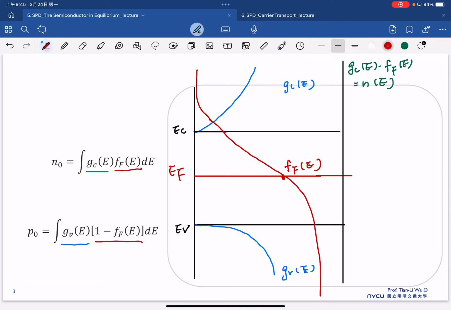Therefore, this equation suggests that we are trying to estimate the area here, and this area is equal to the thermal equilibrium electron concentration.